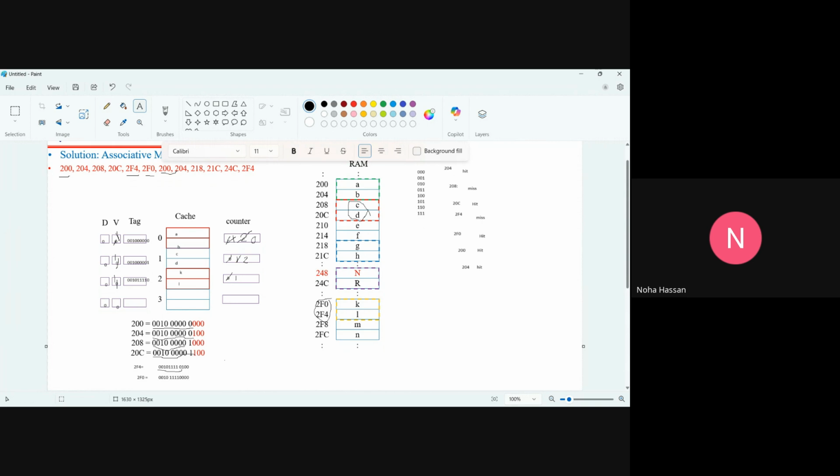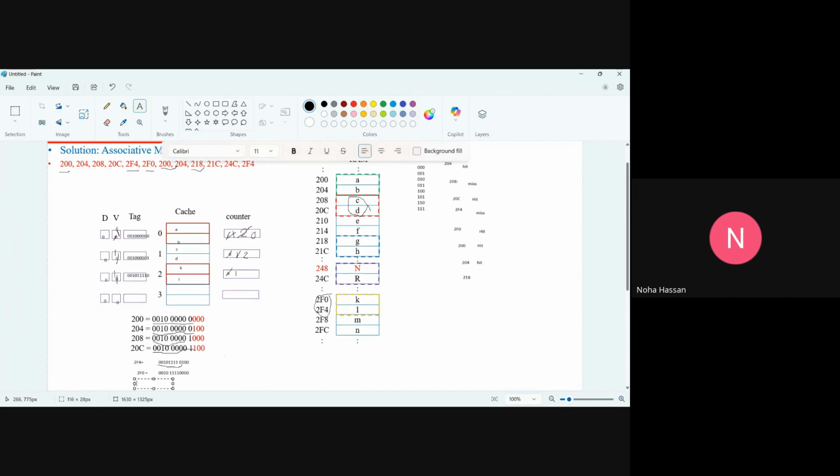Next, I will do the next address, which is 218. Okay, so let me write this down. What is the tag corresponding to 218? Let's write it down as well here. So it's going to be 0, 0, 1, 0 for the 2.